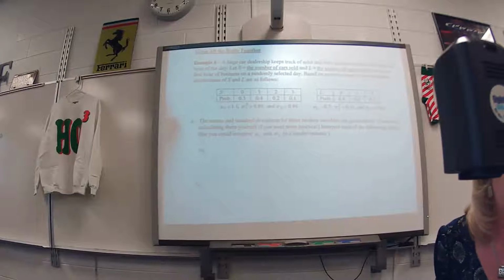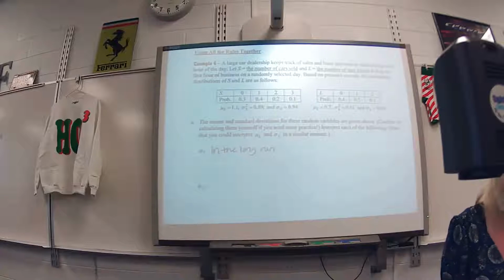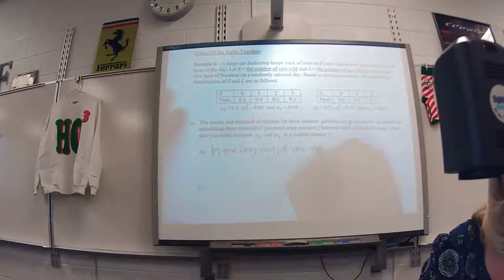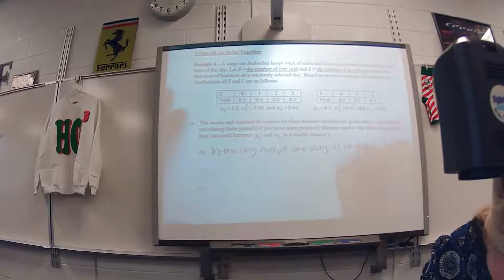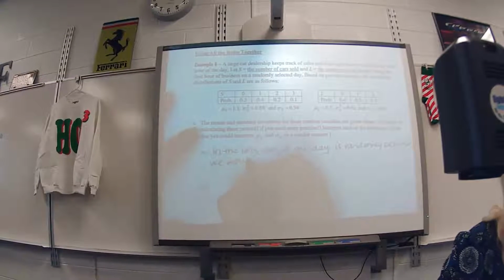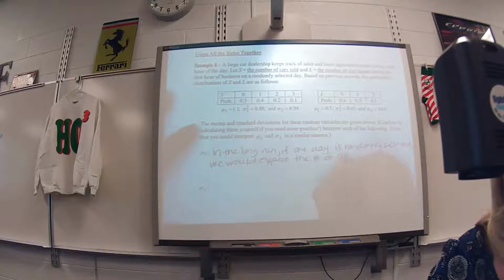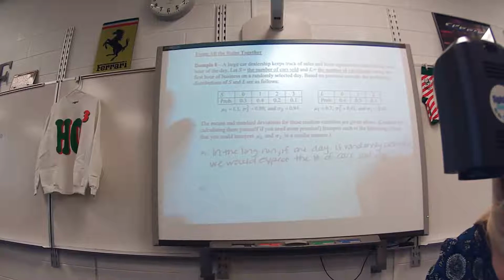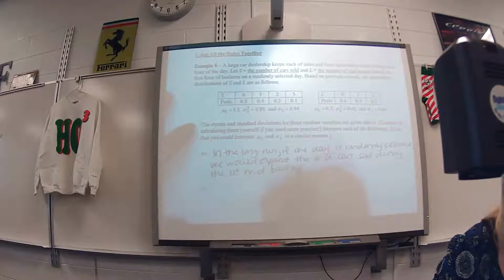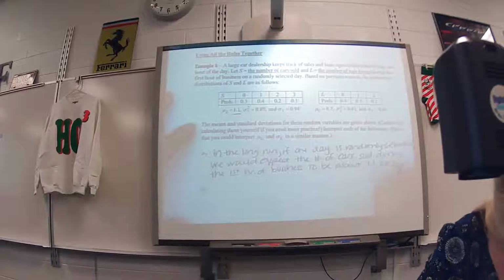So how we interpret the mean: in the long run, after many, many cars are sold, if one day is randomly selected, we would expect, and that's why we also call it expected value, the number of cars sold during the first hour of business to be about 1.1 cars on average.